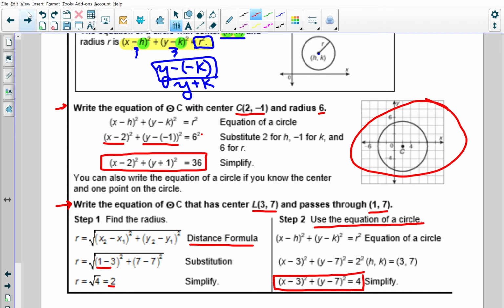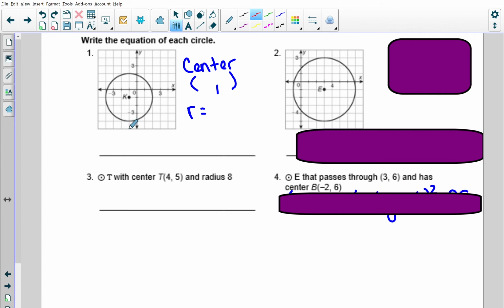Pretty simple. I'm going to do a couple examples here. So take a look at this question. Where is this centered? -1, -1. What's my radius? 1, 2, 3.